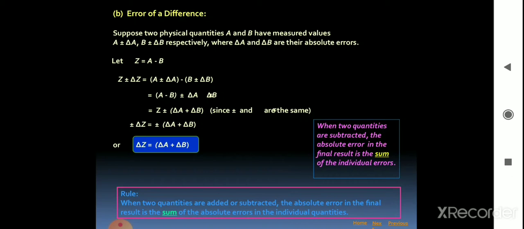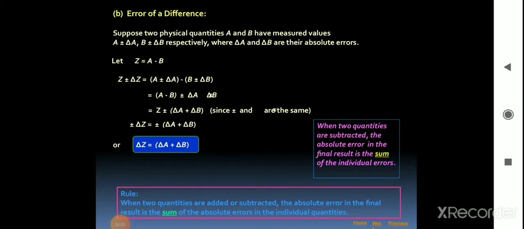In the subtraction, now Z is equal to A minus B. We have to do the subtraction. Now Z plus or minus delta Z is equal to A plus or minus delta A minus B plus or minus delta B. Equate A minus B plus or minus delta A plus delta B. Now Z gets cancelled.